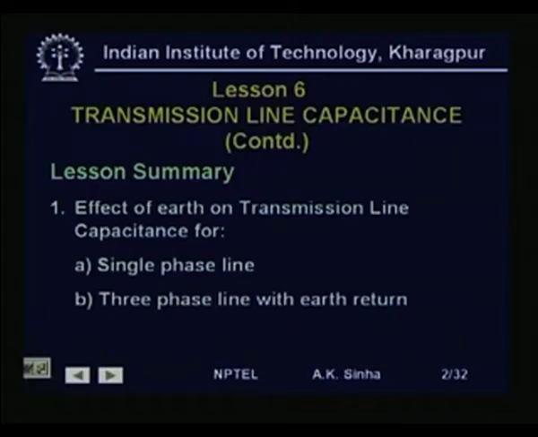So, we need to consider the effect of earth in calculating the capacitance for transmission lines. In this lesson we will discuss how the earth or the ground affects the capacitance of a single phase transmission line and how it affects the 3-phase transmission line.